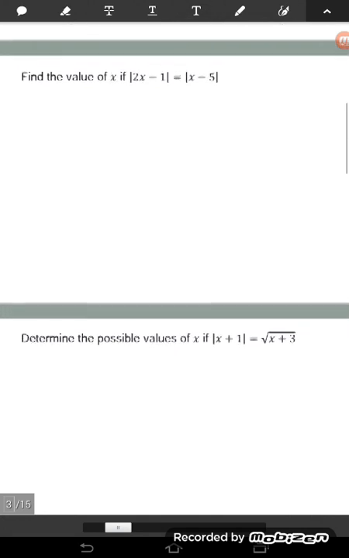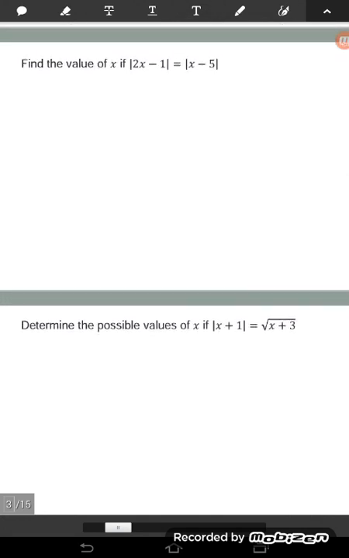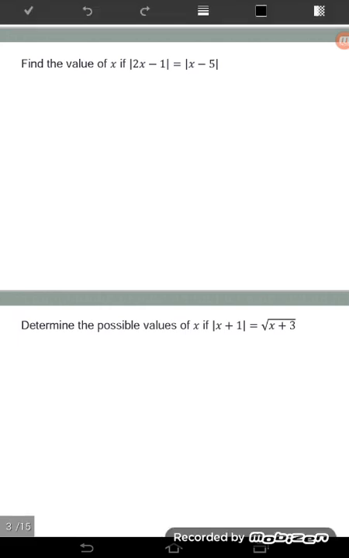Okay, so find the values of x if modulus 2x minus 1 equal to modulus x minus 5. Okay, so sekarang ni kita ada absolute value dekat dua-dua belah. So for this one, awak boleh buka macam ni.